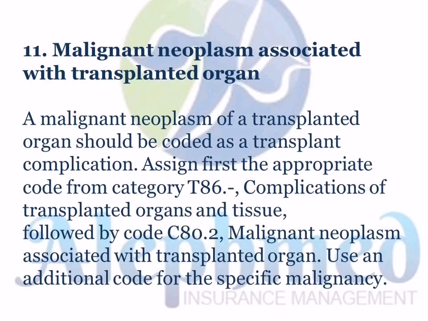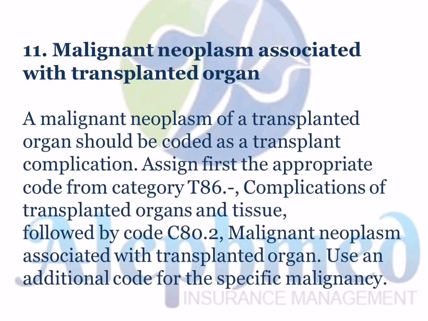This should be assigned as a principal diagnosis, and the malignant neoplasm associated with the transplanted organ, the C80 series of codes, should be used as the secondary diagnosis. So these are the different types of coding guidelines in chapter 2, that is, the neoplasm. In our coding books, we can see the neoplasm table. We can assign the codes from the neoplasm table also.